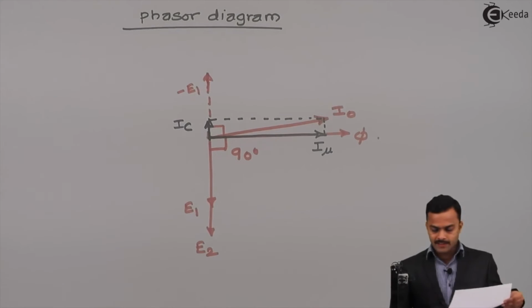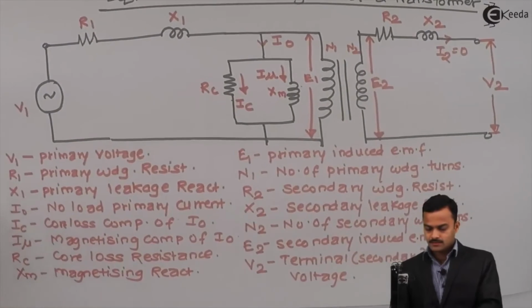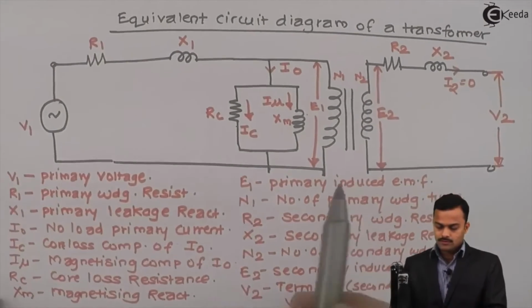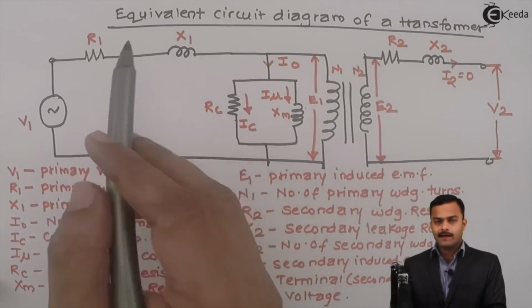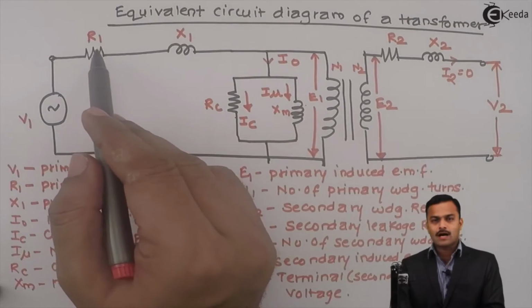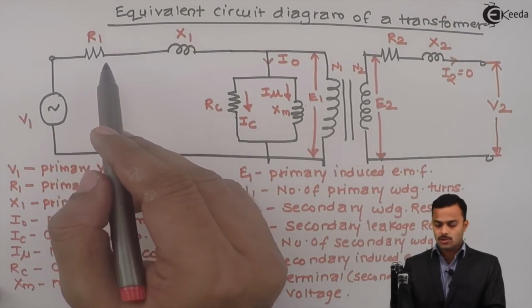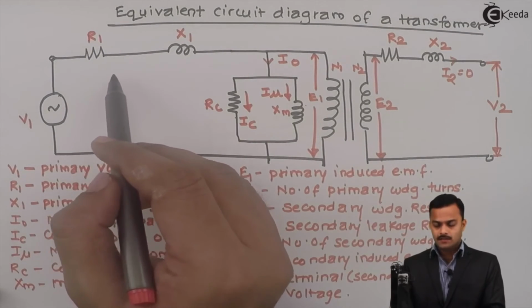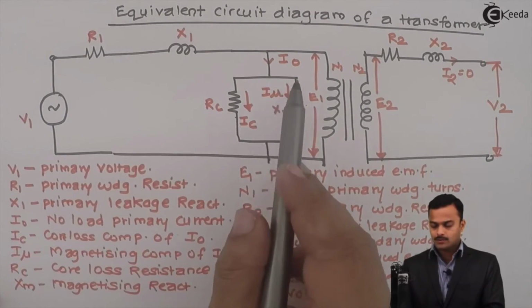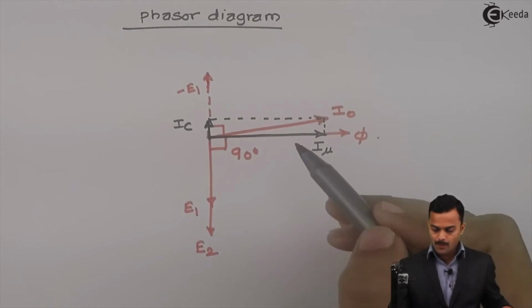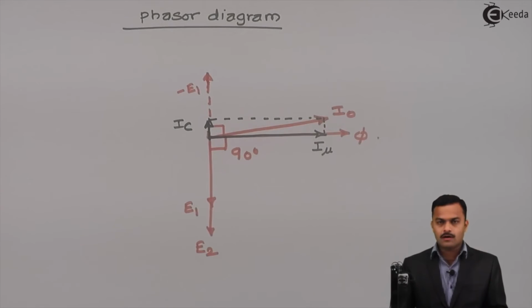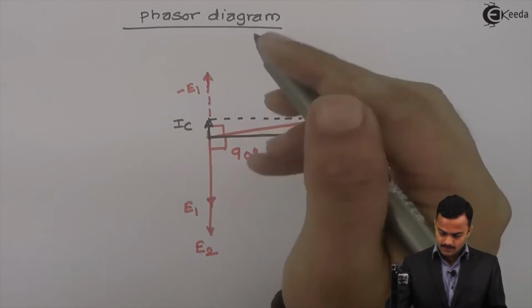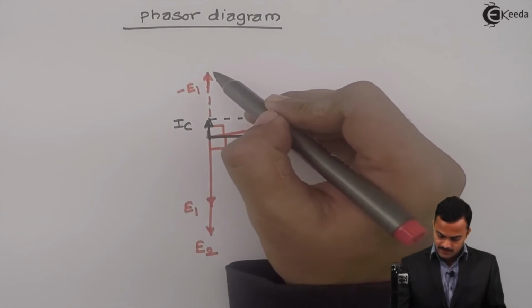So no load primary current will pass through these two elements R1 and X1. So if it is passed through R1, it will give rise to a voltage drop I0 R1 in phase or parallel to I0. So parallel to I0, I will draw a vector from tip of minus E1 like this.